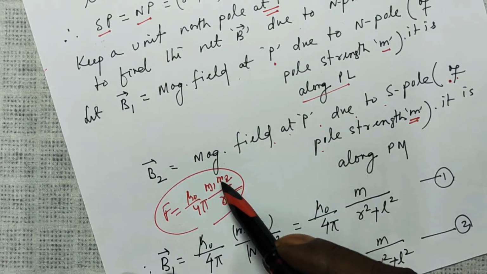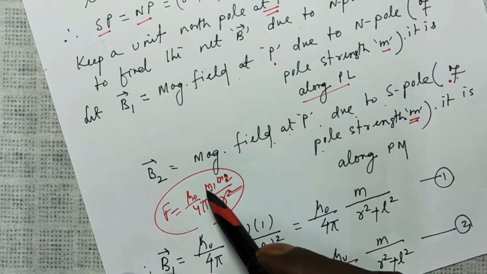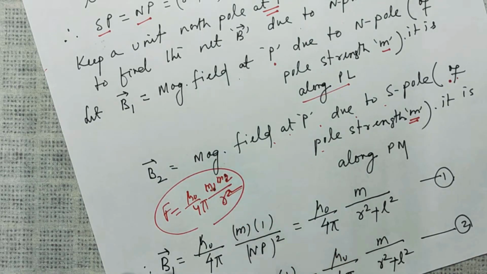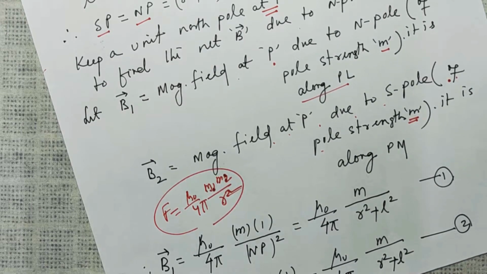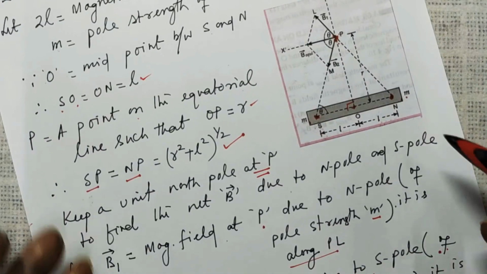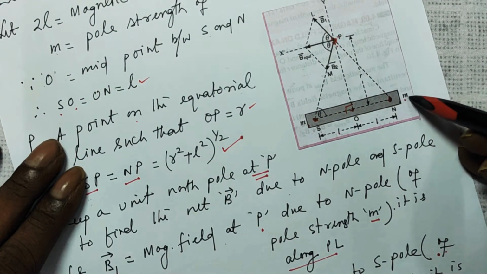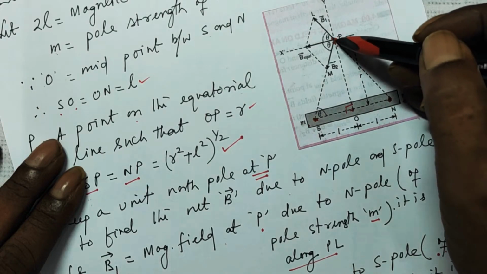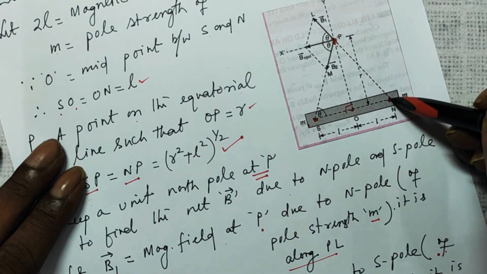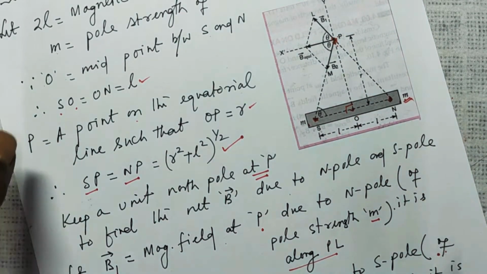Here, one of the pole strengths, let's say m2, is unity, and the other pole strength m1 is m. So for B1, the magnetic field at this point due to the north pole of pole strength m, the distance we know from here to here is the square root of r square plus L square.